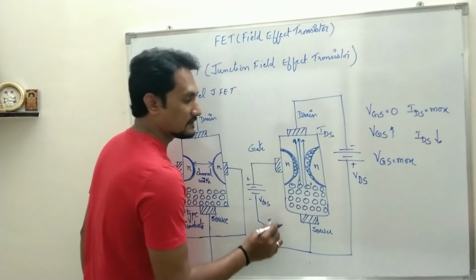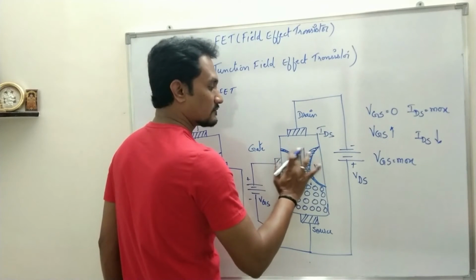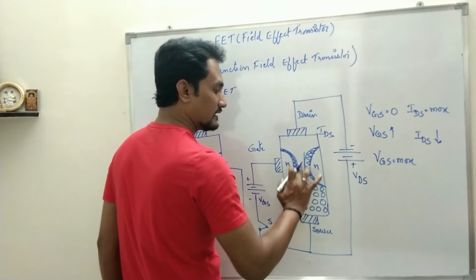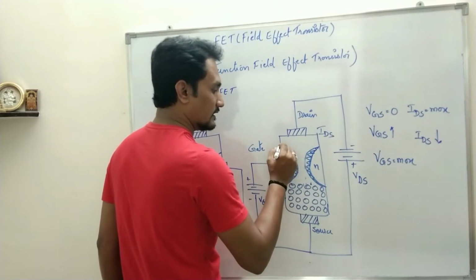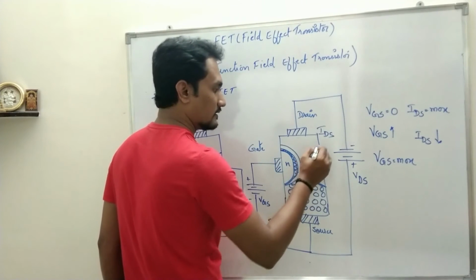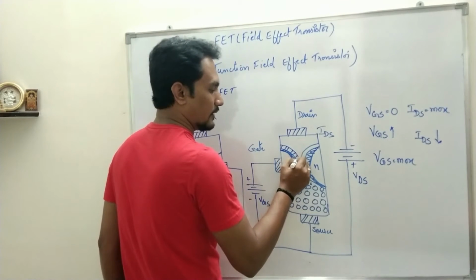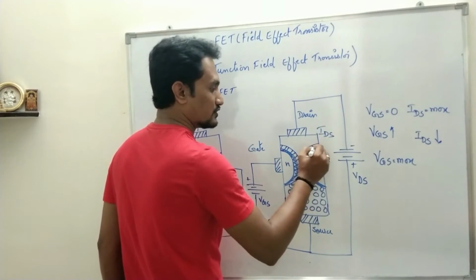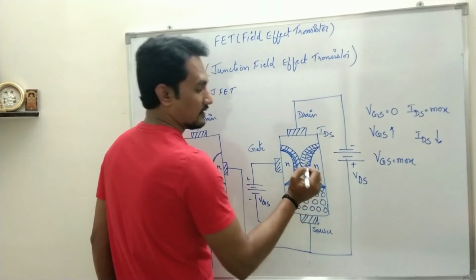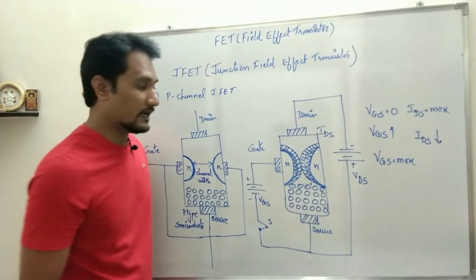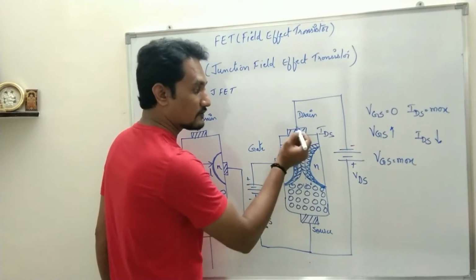When VGS is maximum, we keep on increasing the reverse bias voltage, and the depletion layer width entirely occupies the channel width. That means there will be no channel width, and if there is no channel width, will there be any possibility of charge carriers moving from source to drain?